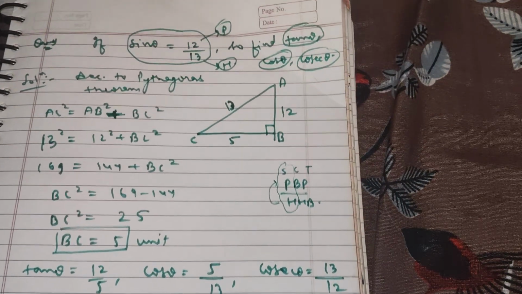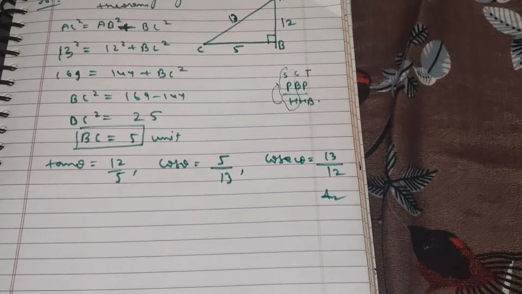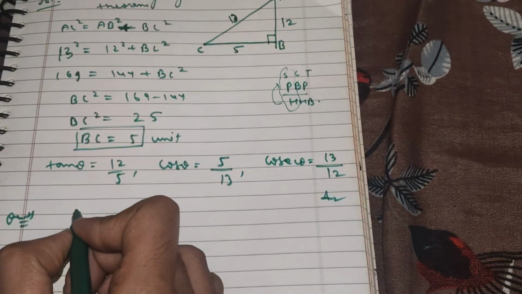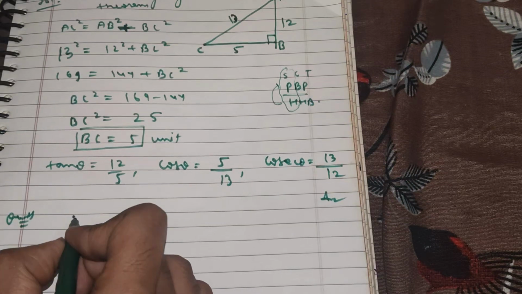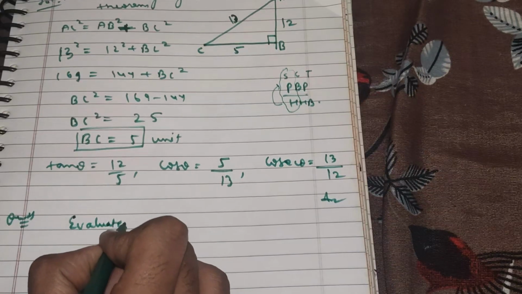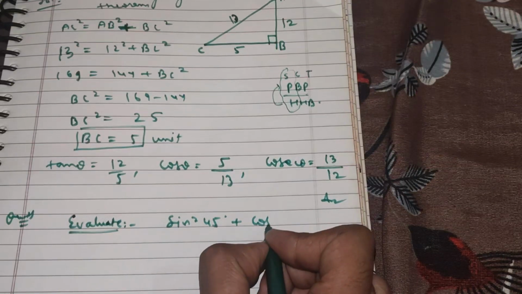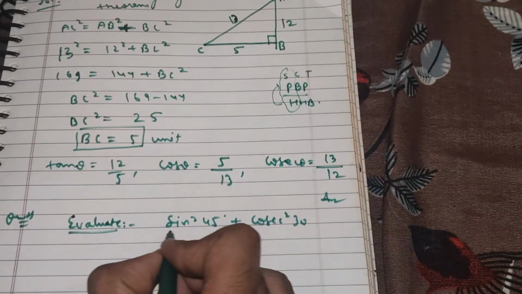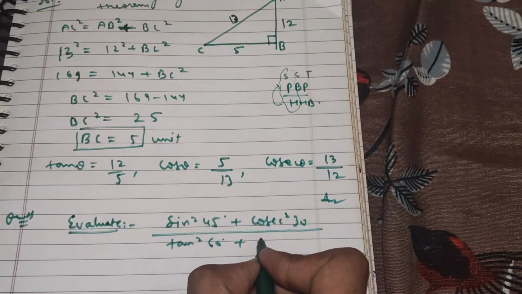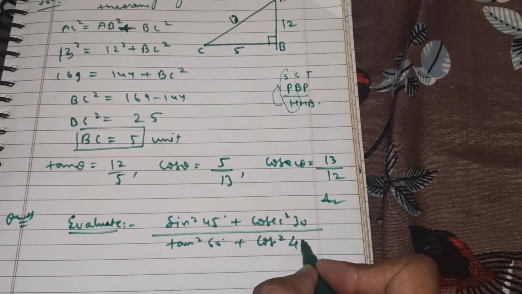I hope you understand this video and the basic terms asked in the examination. On the basis of trigonometric angles, the question can become like this: evaluate the numerical value of sine square 45 plus cosec square 30 upon tan square 60 plus cos square 45.